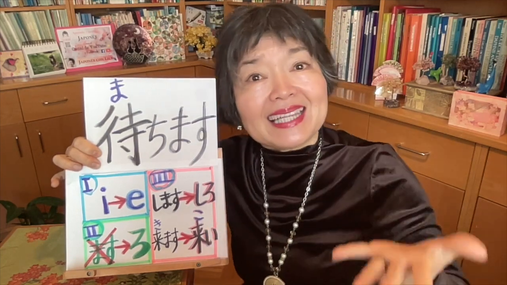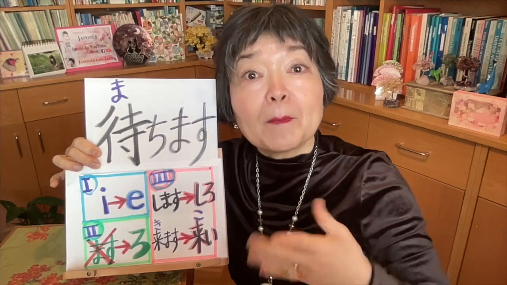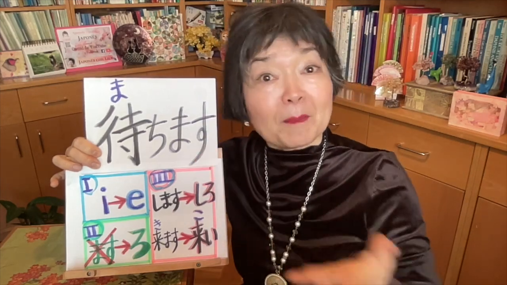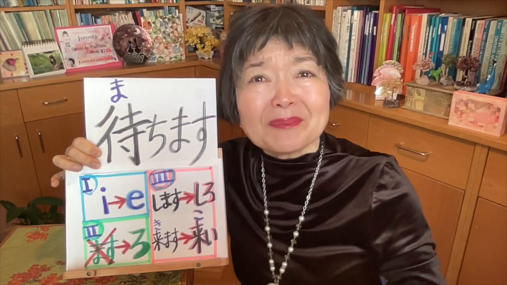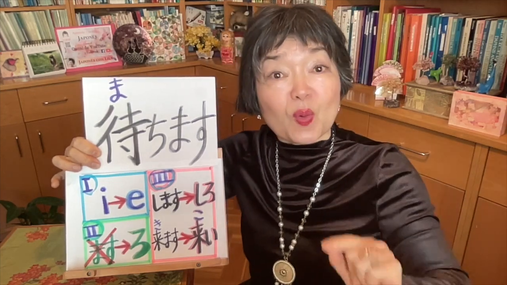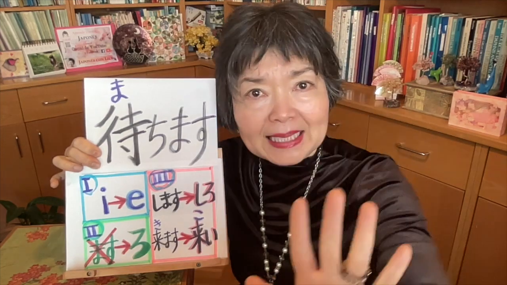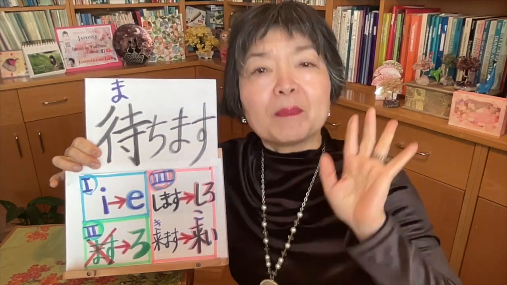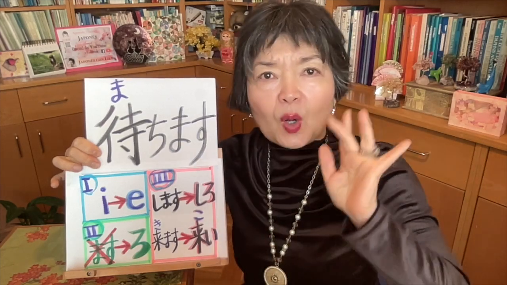When we say 待って with small つ, this is て form of the verb 待ちます. 待って, this is also wait for me. But this is not so offensive. But when we say 待て without any small つ, it means hold on.